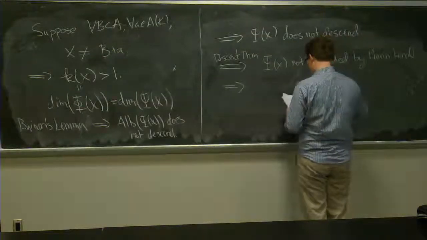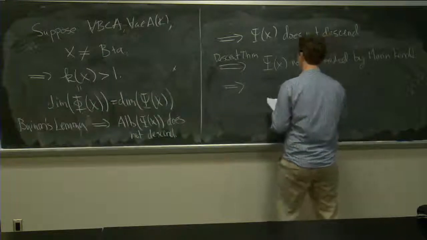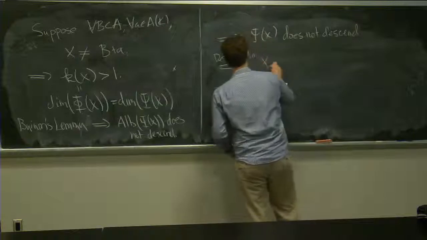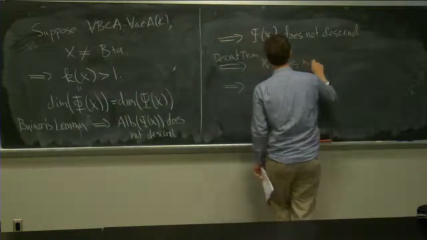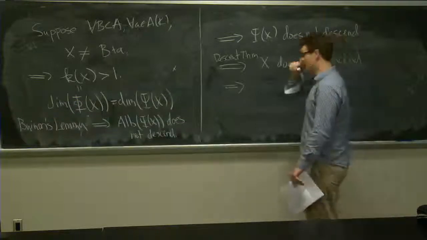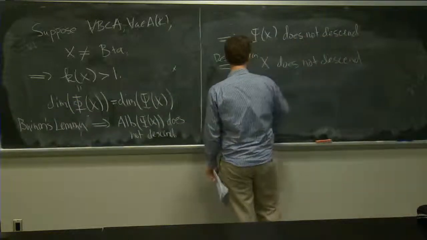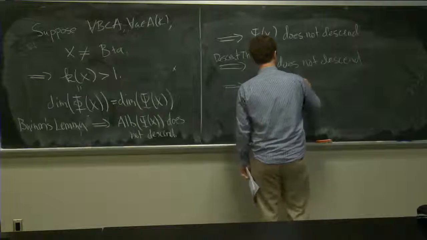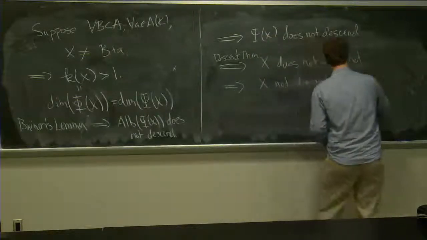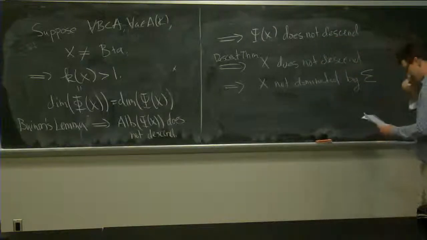X doesn't descend. If it did, then this would descend, and you can't have that. So this means that X is not dominated by the Moishezon kernel.